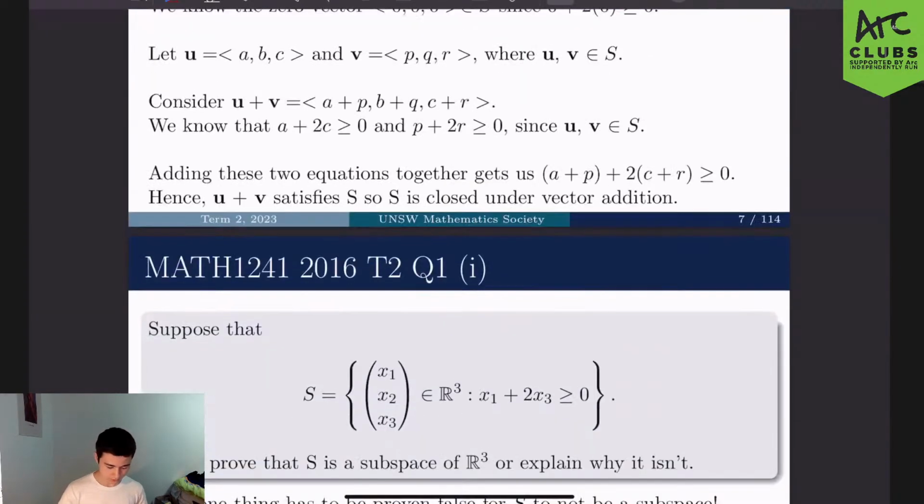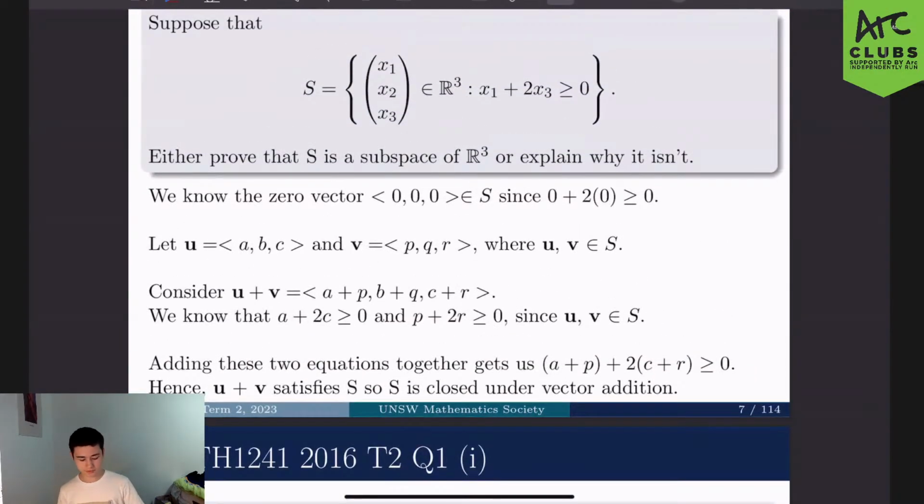If we let u and v be two different elements of S, we can clearly see that, very linearly, we can partition their sum into the two given conditions, since those two vectors, u and v, are already elements of S. So we get that the sum is in S, our subset.